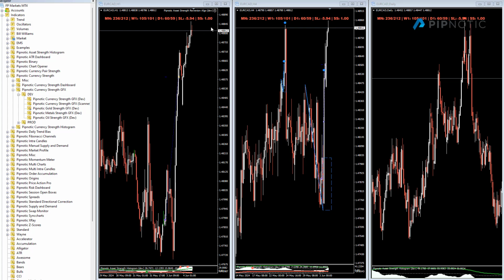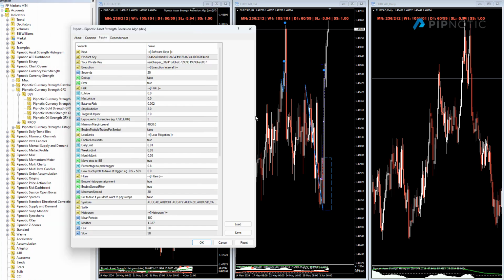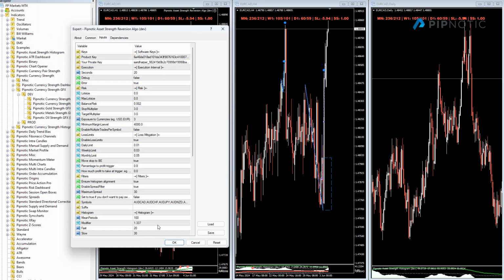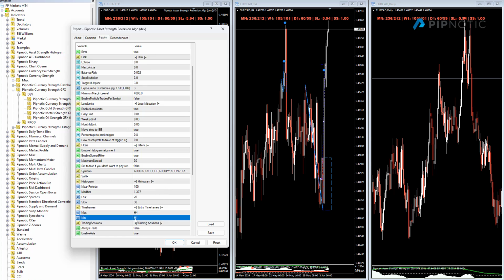So what I like to do in the current configuration that we can see here, we have a couple of settings. I like to trade the 1 hour and the 4 hour chart with the enable histogram alignment set to true. And so with this, we need the data from 3 time frames. We need the 1 hour for the entry time frame.